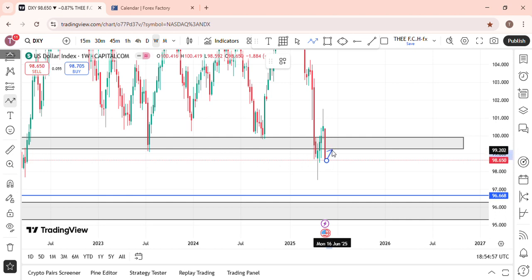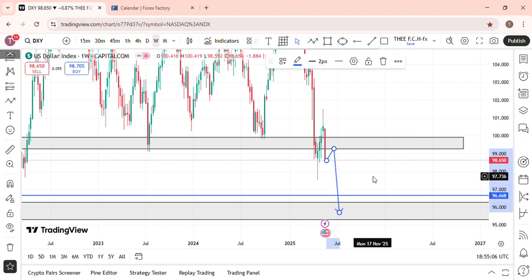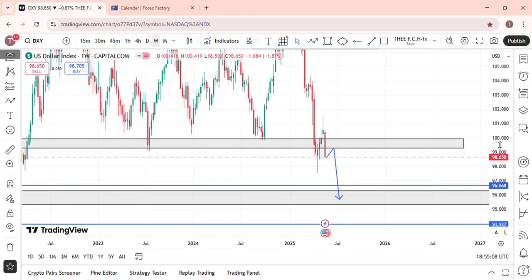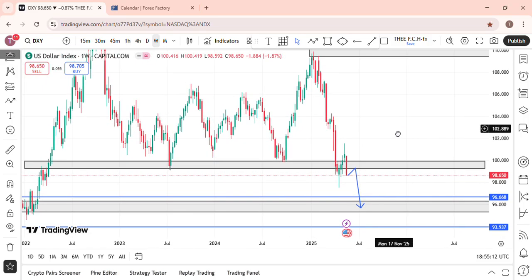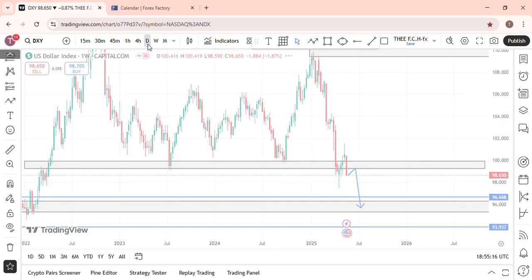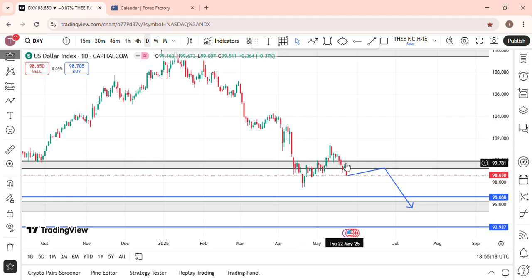The market might buy back to this level here, and then give a drop to this zone. So that is according to the weekly view. Maybe on the daily time frame we can see something much clearer to help us deal with this.